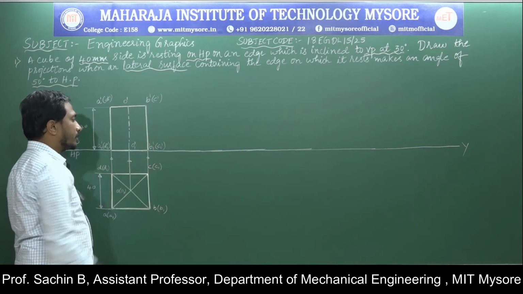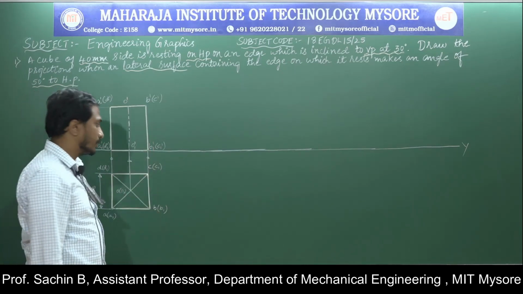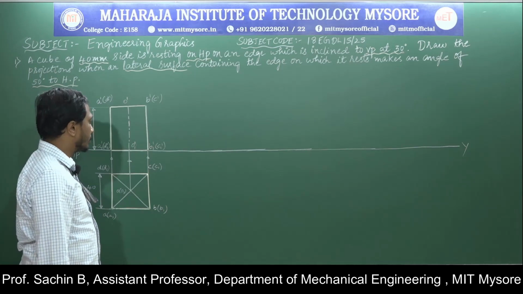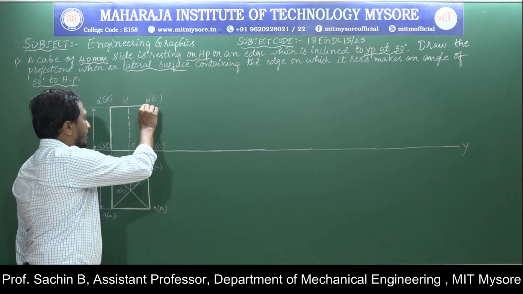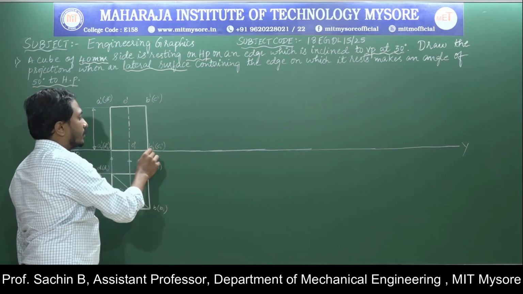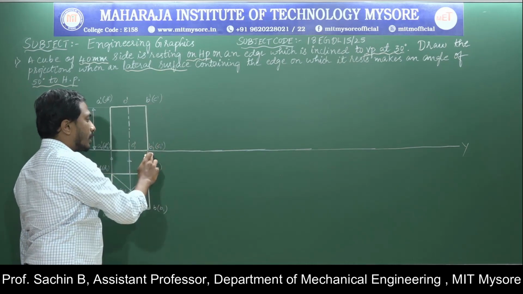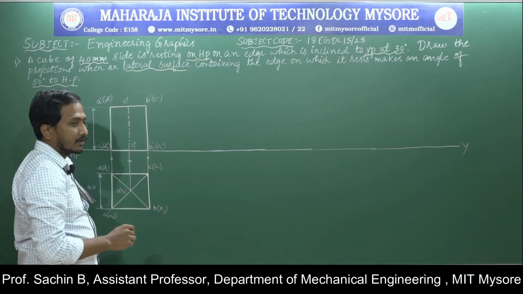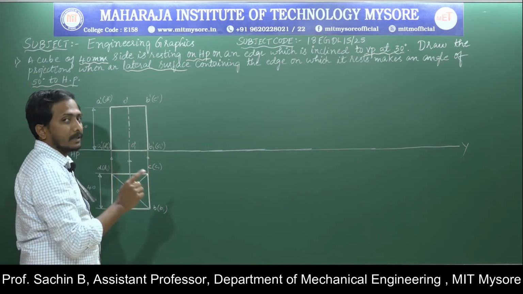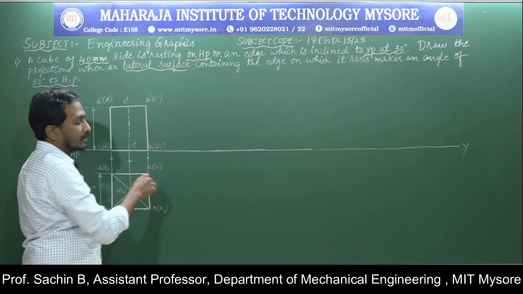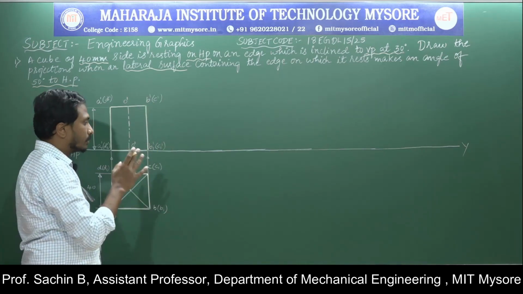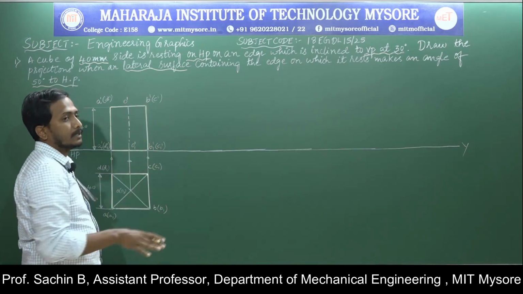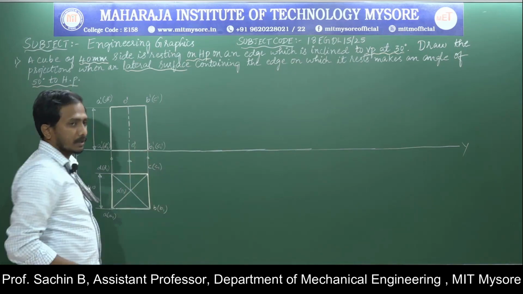But I am considering this B1 dash to C1 dash as the resting edge, knowing that this is the lateral face. That is nothing but B dash to B1 dash, B1 dash to C1 dash, C1 dash to C dash, the lateral face containing that edge. I am making that lateral face an inclined face by considering this resting edge.